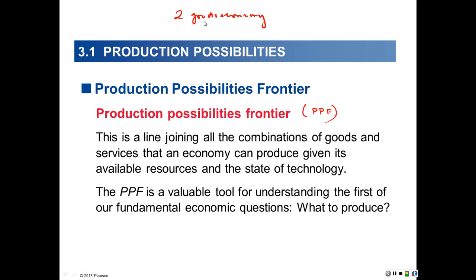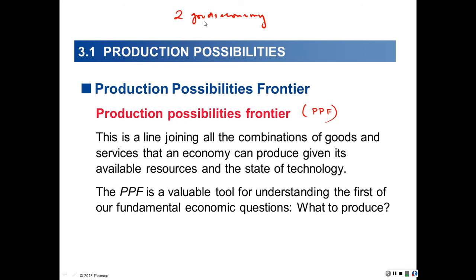So what is the production possibilities frontier? It says this is a line joining all the combinations of goods and services that an economy can produce given its available resources and state of technology.